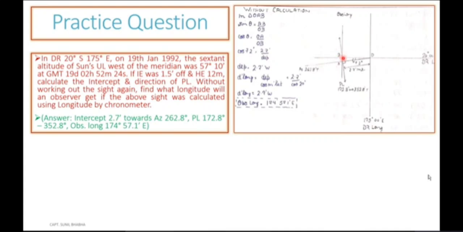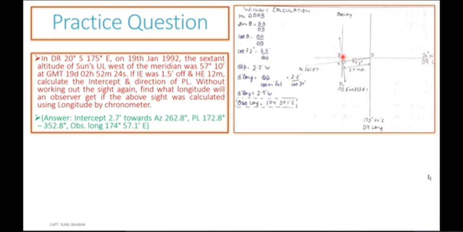Now, if you look at the longitude by chronometer formula, longitude by chronometer formula gives us the longitude of that particular point where the position line cuts the DR latitude, or from where the PL passes.